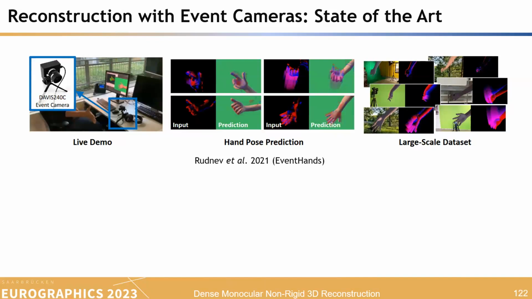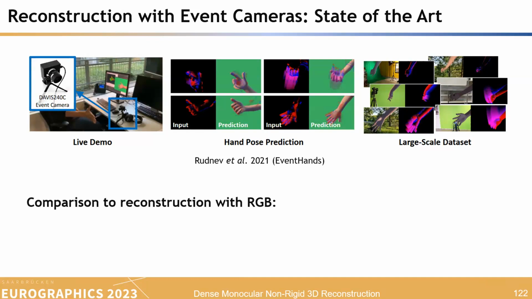There have also been works on reconstruction with event cameras which specifically focus on hands, called EventHands. Here it's a data driven approach, trained with a synthetic data set, and compared to the previous two works, they do not require any RGB or grayscale input, and they regress the parameters of the MANO model.